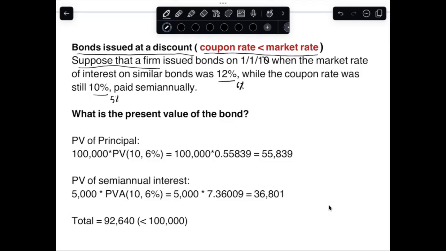Let's calculate the present value of this bond. First is the present value of the interest.